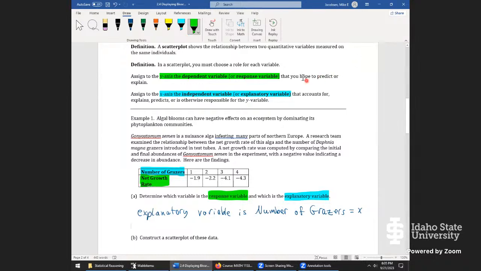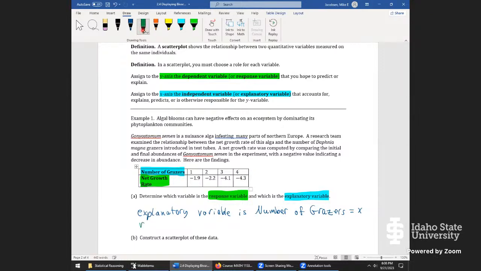Let's take a look at the definitions. The response variable is going to be something you hope to predict or explain. And so we're hoping to predict or explain why the growth rate becomes more negative based off number of grazers. That would be the explanatory variable here.